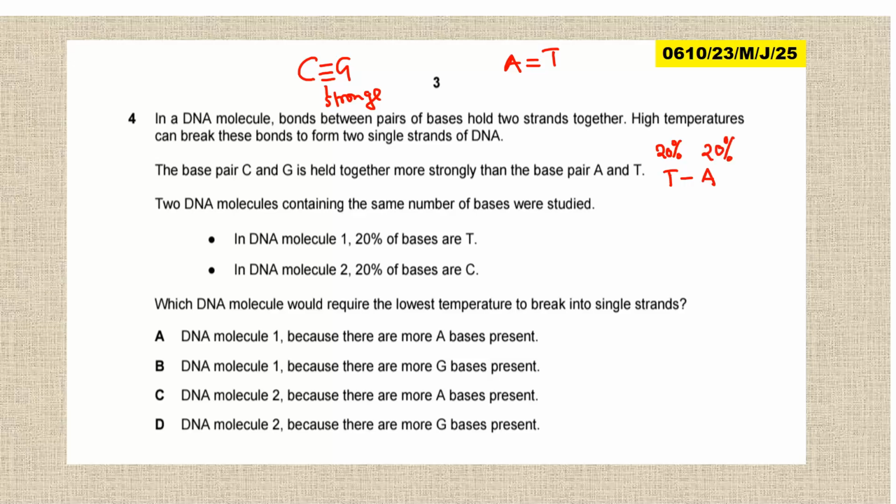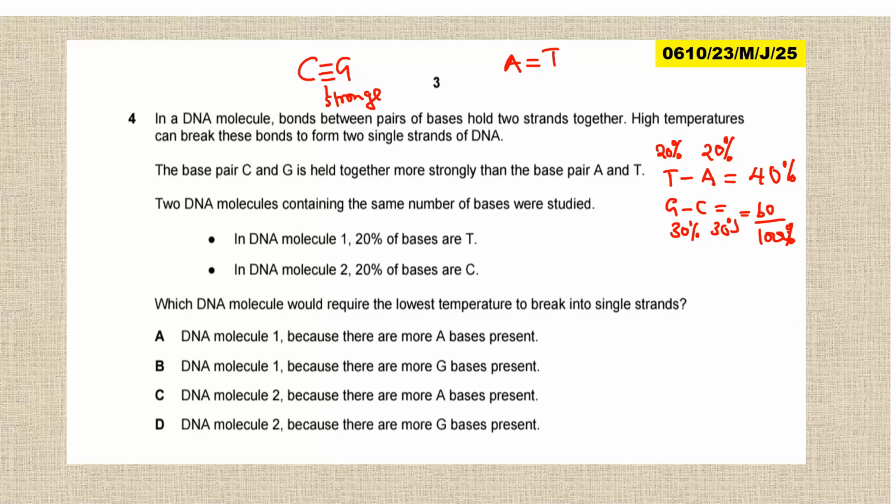They pair in equal amounts. So 20% plus 20%, out of the total percentage, we already have 40% for A and T. Which means G and C share the rest equally. What remains out of 100 is 60, so this is 30% and this is 30%, making it 60%. And this gives us 100%. I guess you get that.